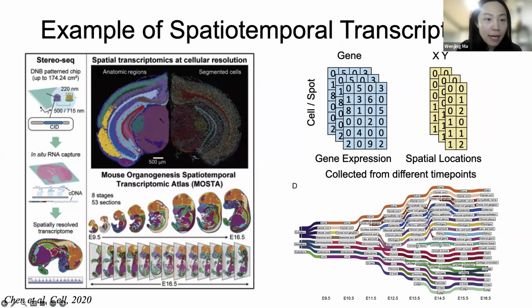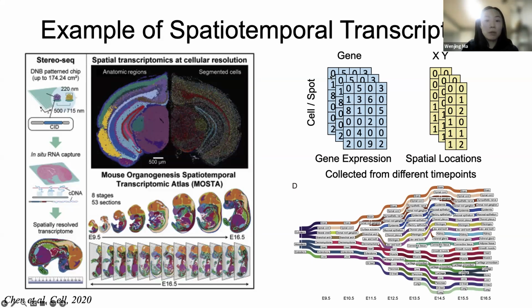However, as I mentioned, what we are trying to do is identify the functional domains across the time trajectory. Thanks to the technology Stereo-seq, we can measure different spatial domains along the time trajectory. In this example, they measured 8 stages collected at different embryonic stages, and then used spatial transcriptomics data to profile each location in each embryonic stage in each slice.